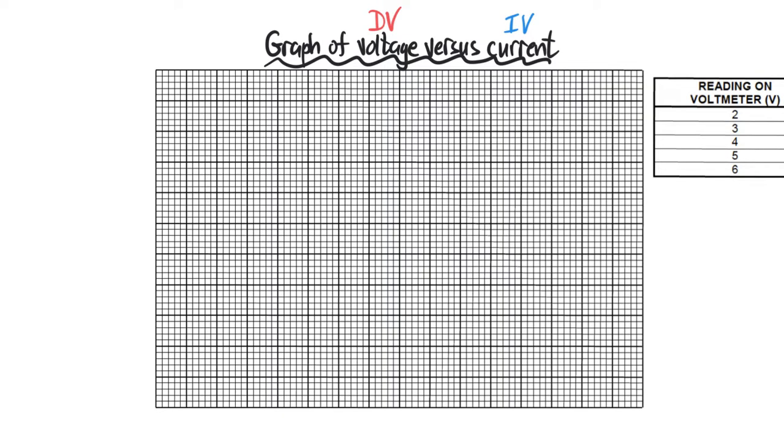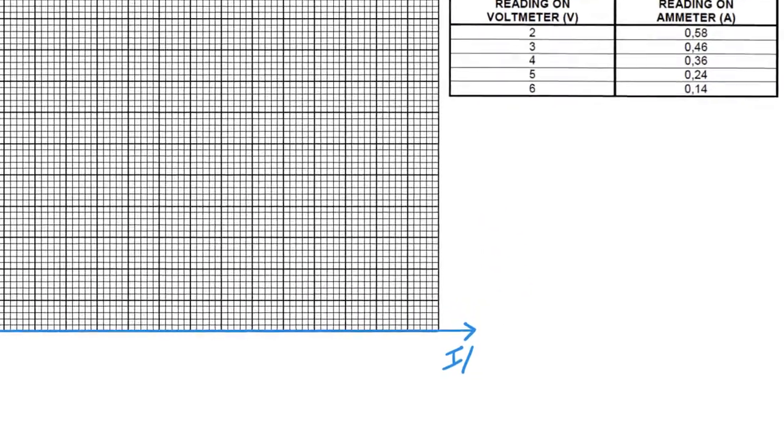So now we go to the axes. I'm going to start with the x-axis or the current axis. So I'm going to draw a line there, and we are going to label that. It's going to be the current, and that is going to be in amperes or amps.